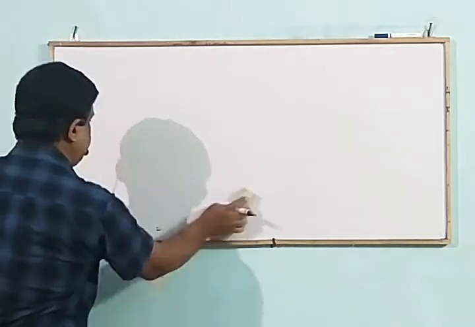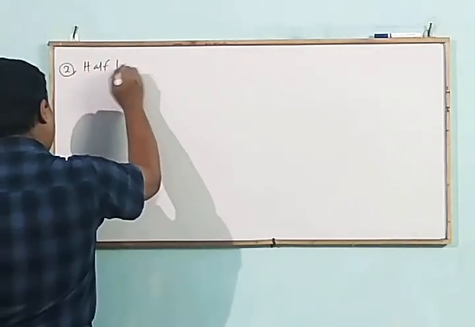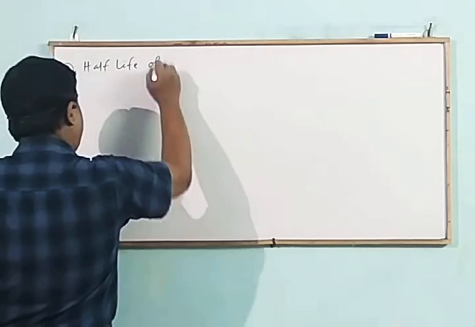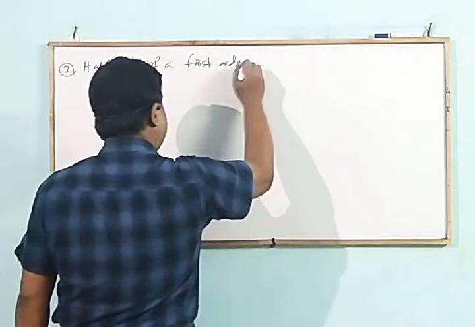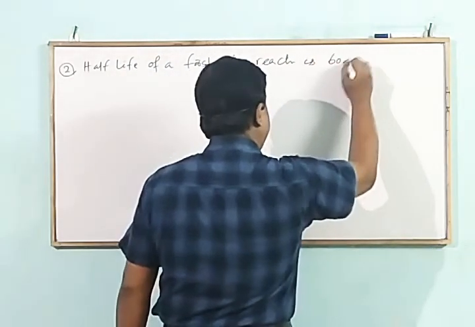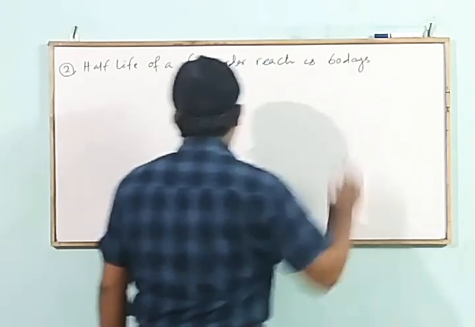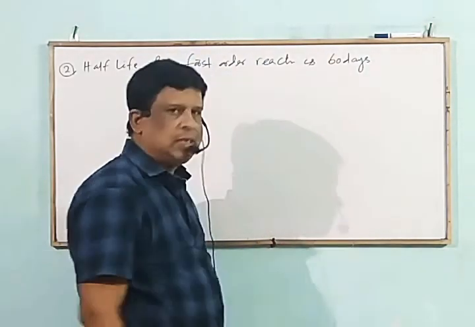Next question is question number 2. Half-life of a first order reaction is 60 days.